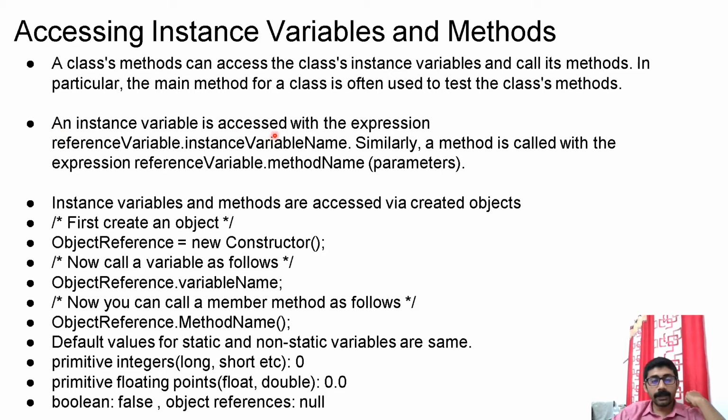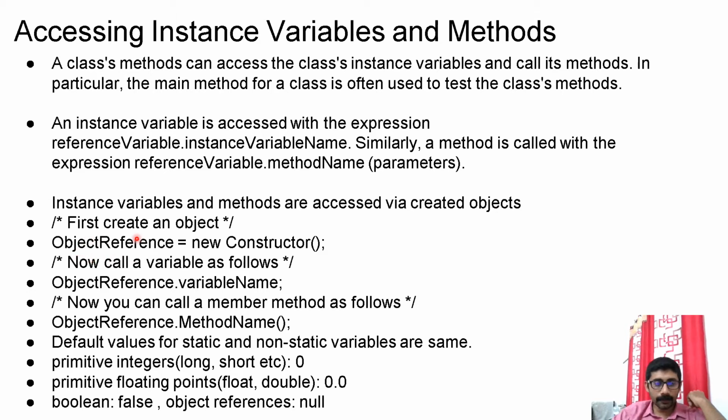An instance variable is accessed with the expression reference variable or the object name dot instance variable name. Similarly, an instance or non-static method is called in the form of object reference dot method name. Instance variables and instance methods are accessed via created objects.